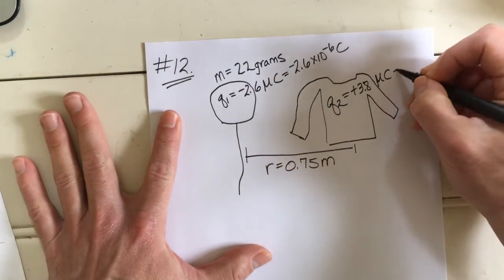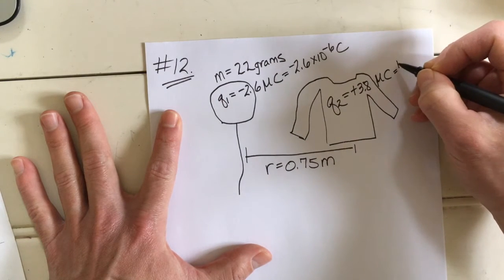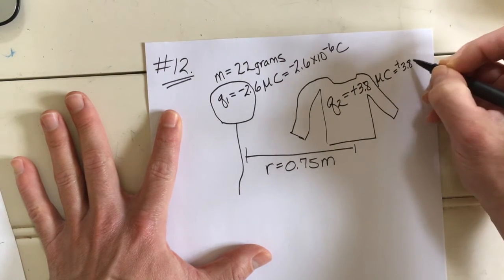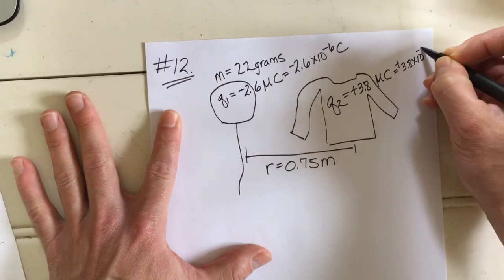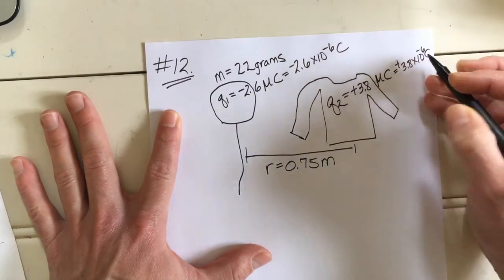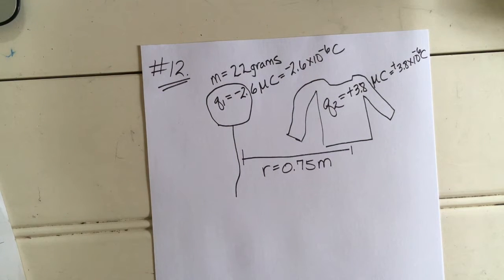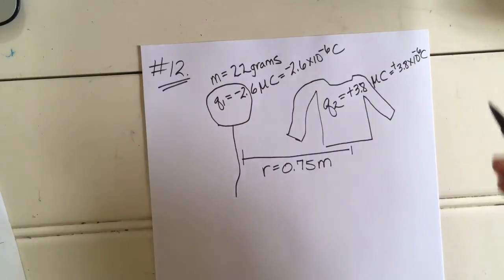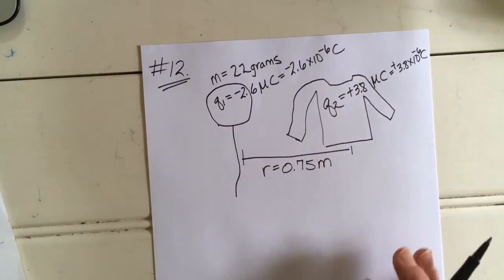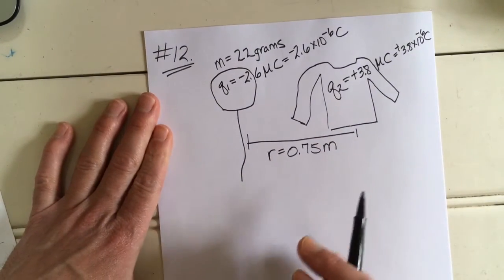And 3.8 microcoulombs is equal to positive 3.8 times 10 to the negative 6, again, because it's a tiny amount. This negative in the exponent doesn't tell us a positive or negative number. It tells us a large or small number, which is a small number right here. Now you might say, well, how did I know that?